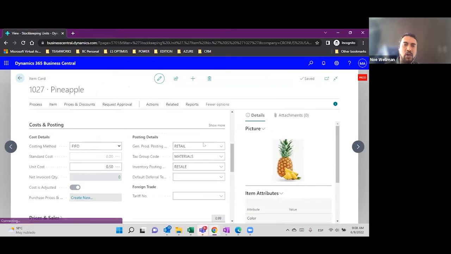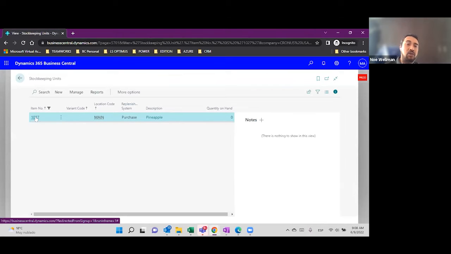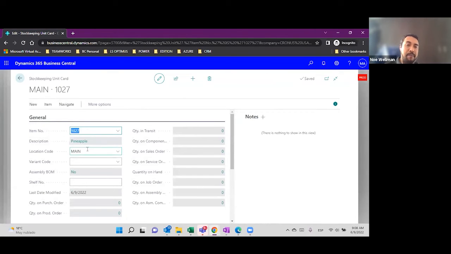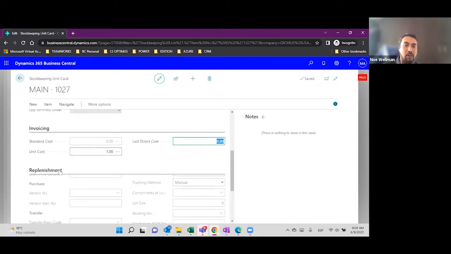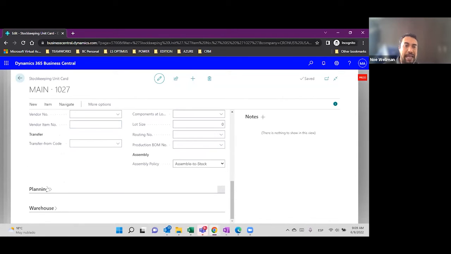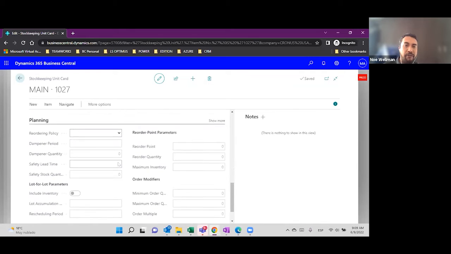The stock keeping unit is going to allow me to say, okay, in my main warehouse, and you might have a lot of different warehouses, right? I want in this specific warehouse the cost to be, I don't know, maybe 1, okay? But as well, look at this, in this specific warehouse we have the replenishment and planning tab functions.